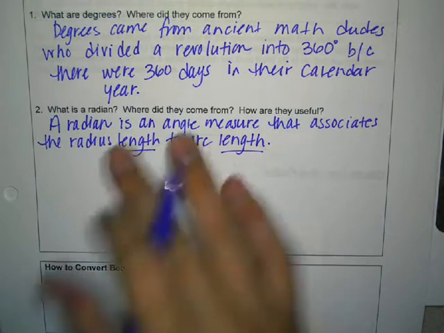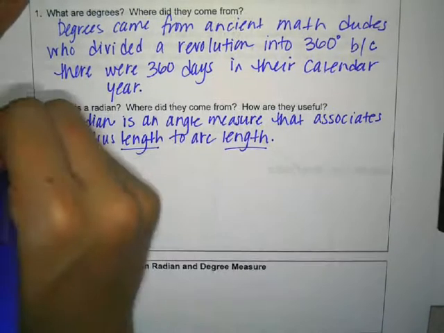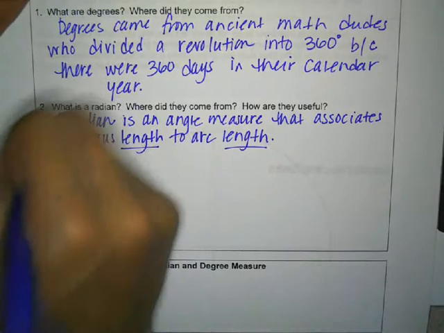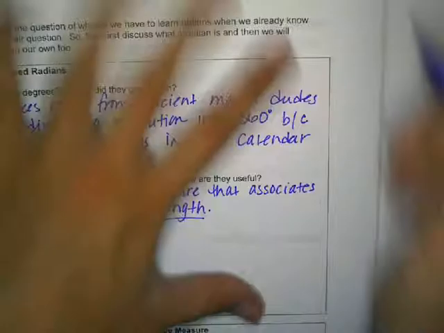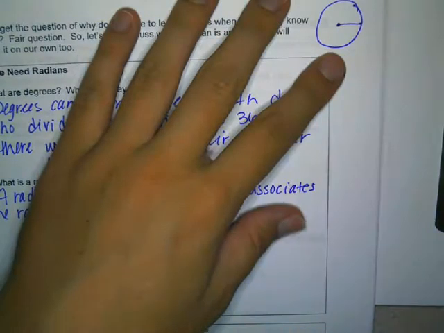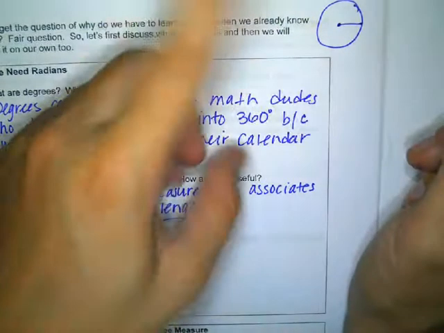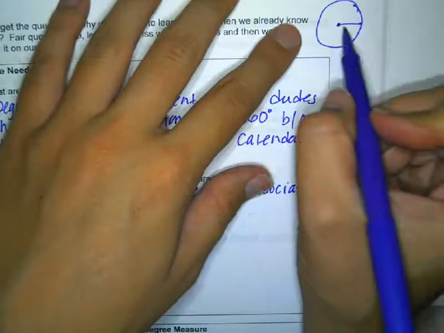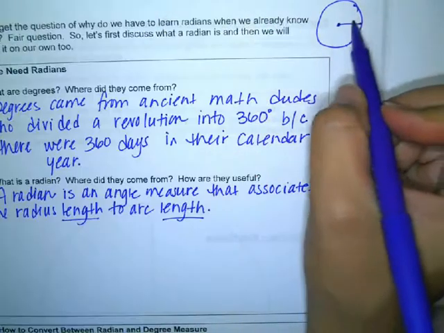So with a radian, let's go up here. If you have a circle and your radius is this length here, one radian measure, okay, everybody knows a degree is barely anything, because there's 360 degrees in this whole thing.